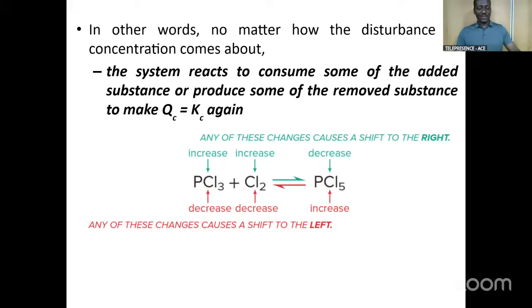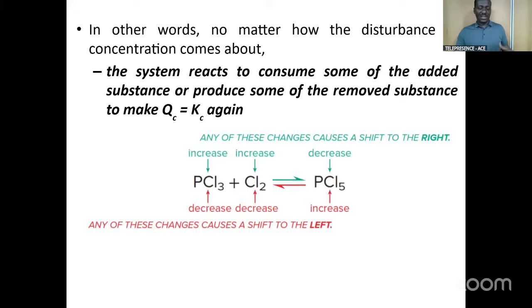So it will shift to the left, favoring reactant. If you add a product, the equilibrium will respond in such a way as to consume the added amount of product. All right, so the direction that consumes product is the reverse direction. So increasing any of the products, we shift equilibrium to the left, decreasing the formation of the product.